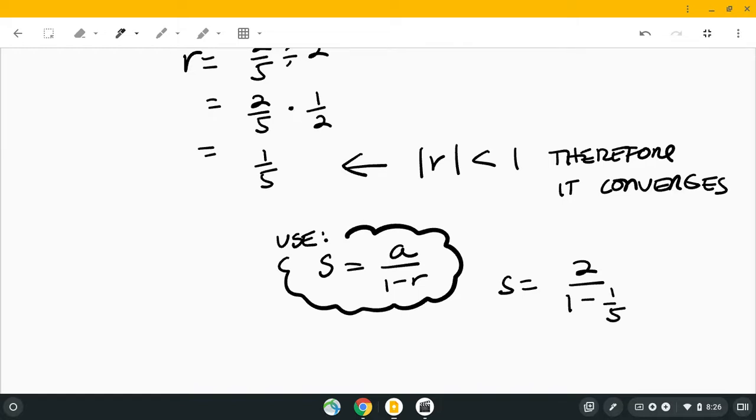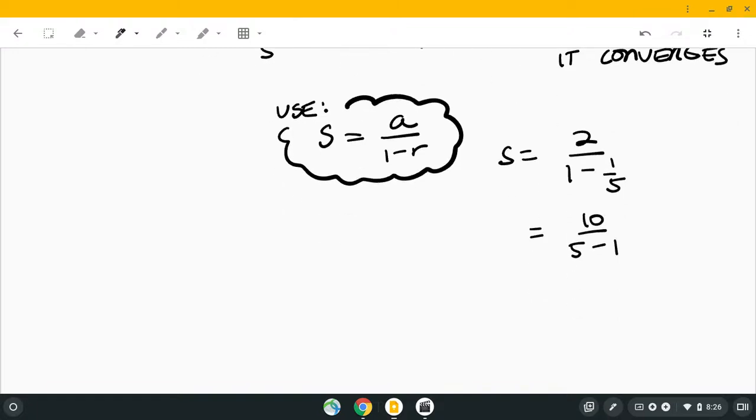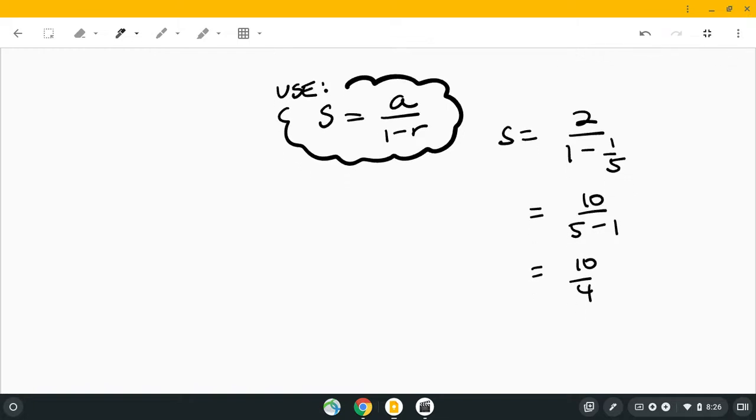If you work this out, I'm going to multiply everything by 5. So I get 10 there, I get 5 there, and it cancels out there. So I get 10 over 4, and I get 5 over 2. So my sum is 5 over 2.